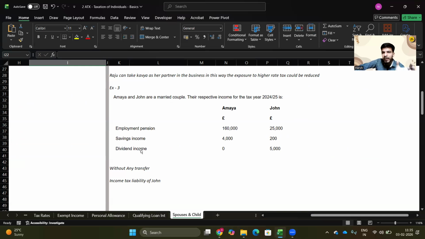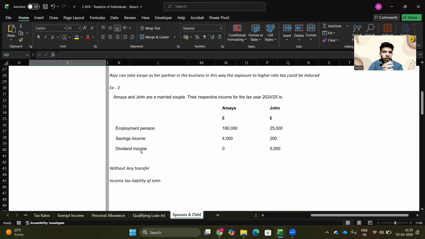So what could be done? Dividend income could not be directly transferred to the partner, right? You need to separate out the assets. The shares must be split between the partners in a ratio such that Amya's dividend income nil rate band is fully utilized.